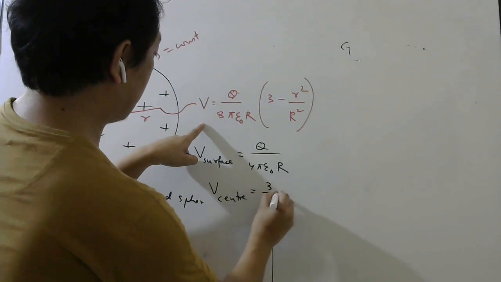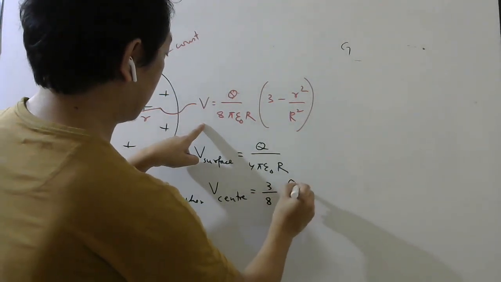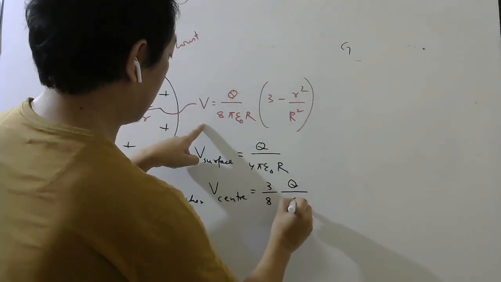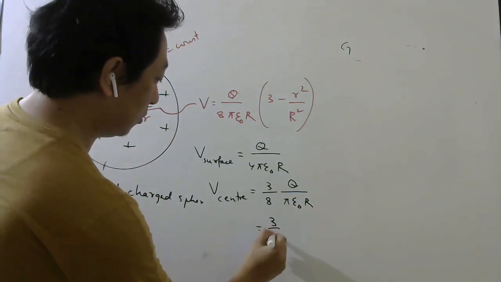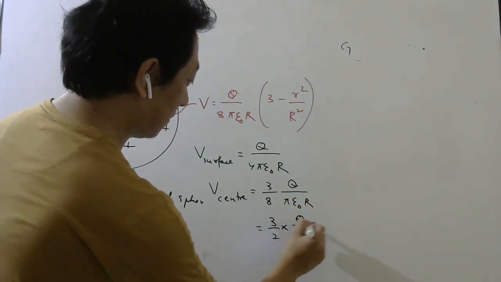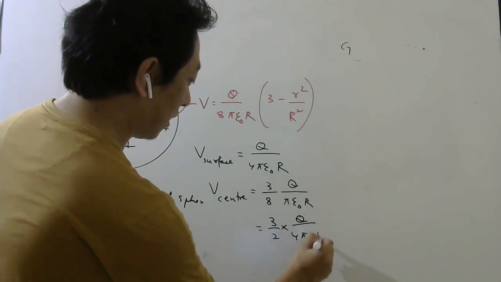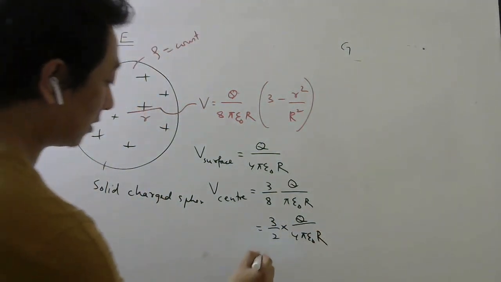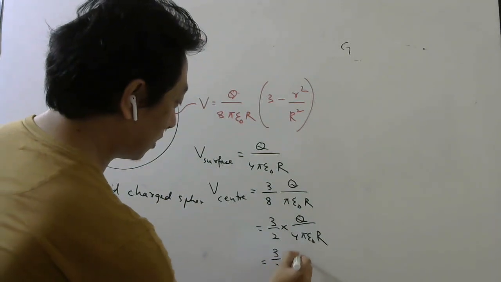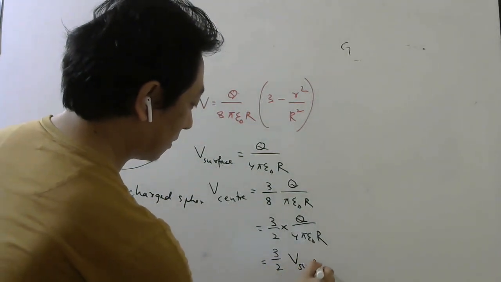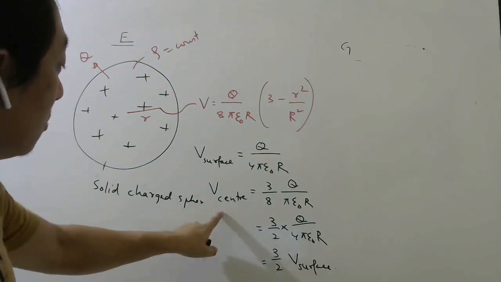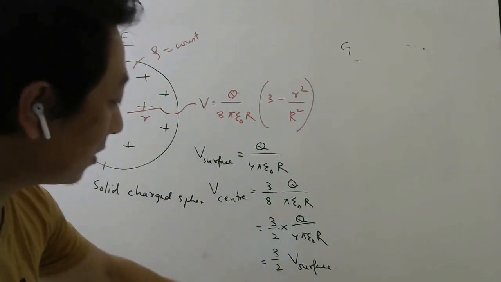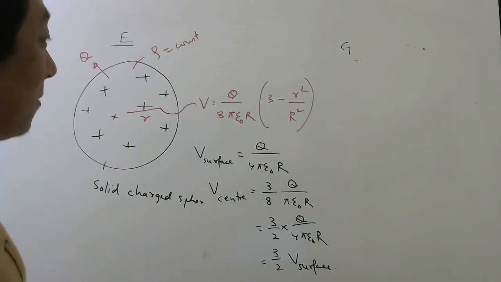So it will be 3 by 8 Q by epsilon naught R. If I write this as 3 by 2 times, then it will be Q by 4 pi epsilon naught R. So this is nothing but 3 by 2 times the potential on the surface. I have told you this; we have used this result in many problems also. So potential at the center is 3 by 2 times the potential on the surface.